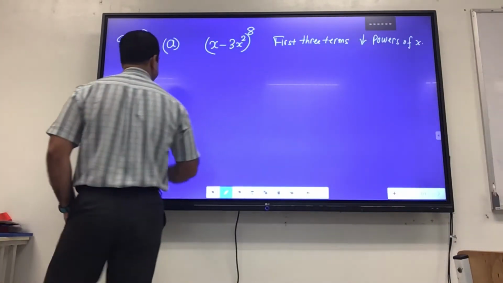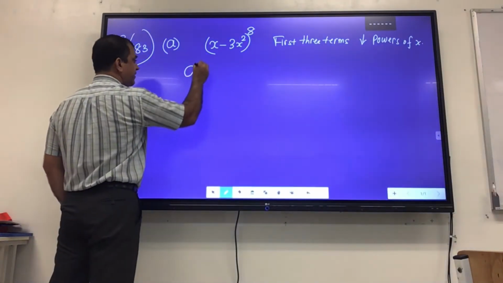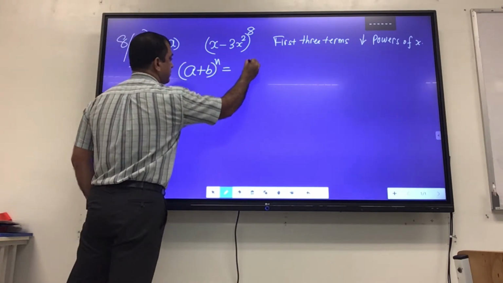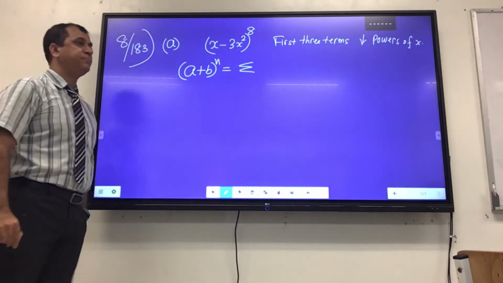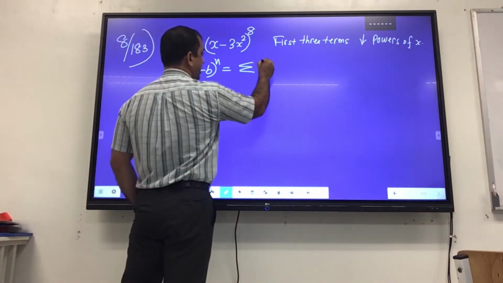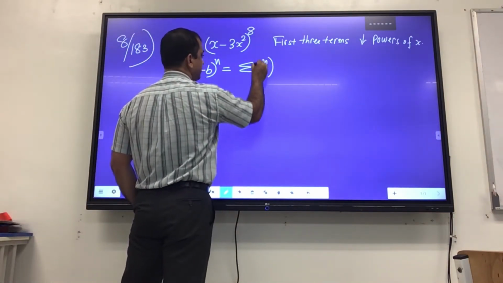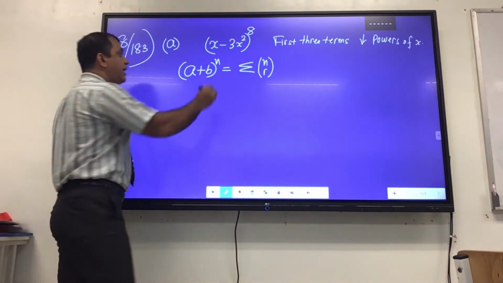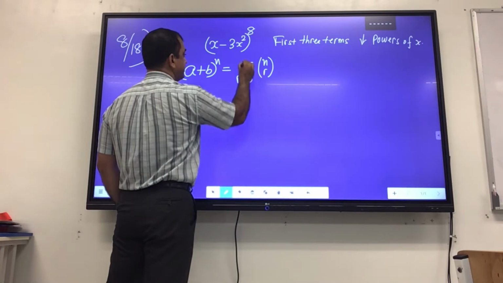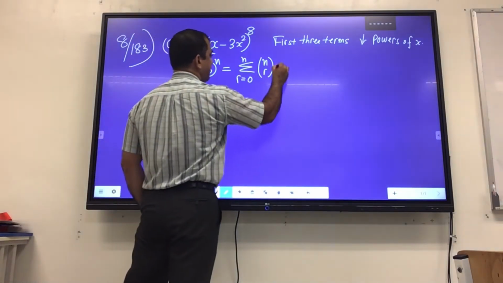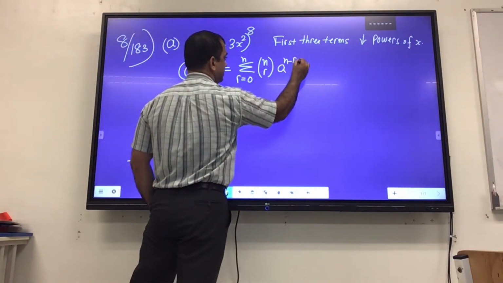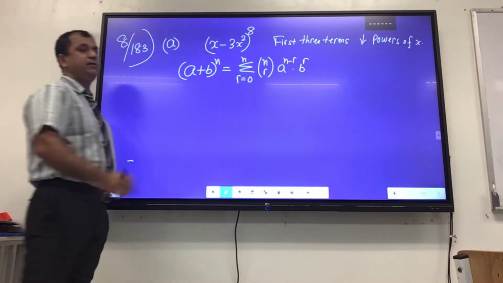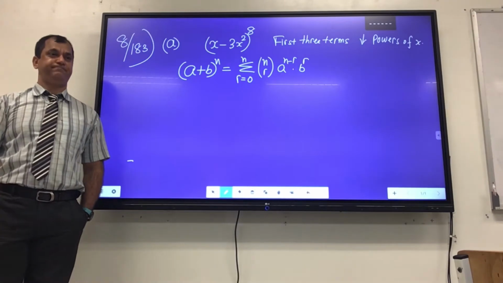What is that? If I have (a plus b) power n, this is equal to sigma nCr, r varying from 0 to n, a power n minus r times b power r. You can take a power r, b power n minus r, it doesn't matter.